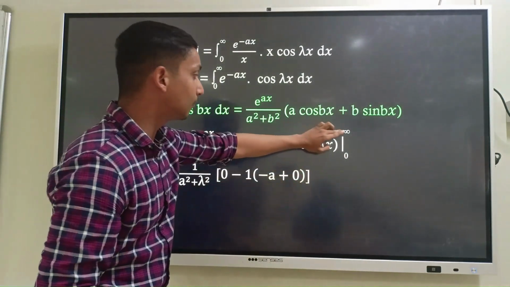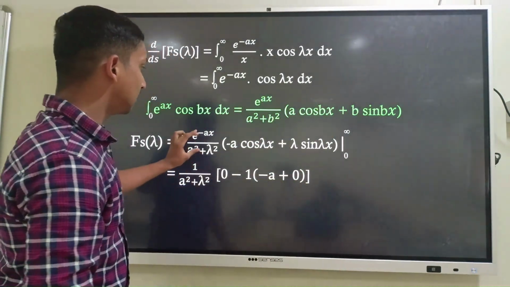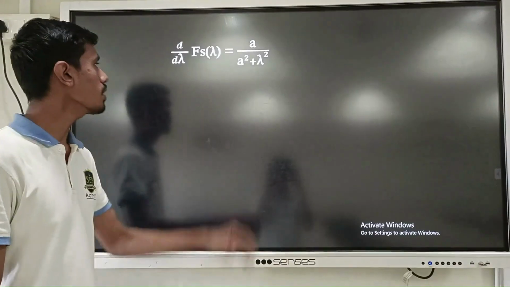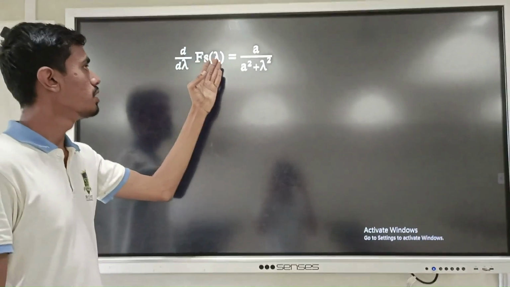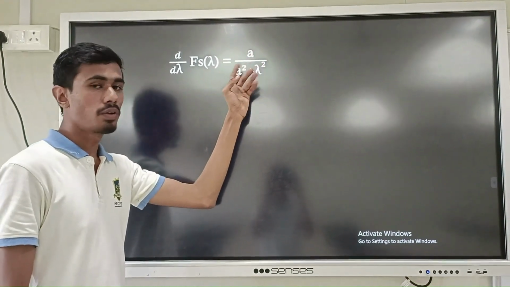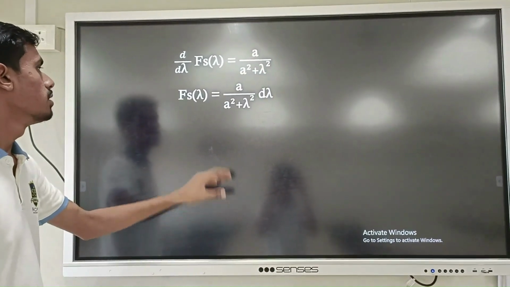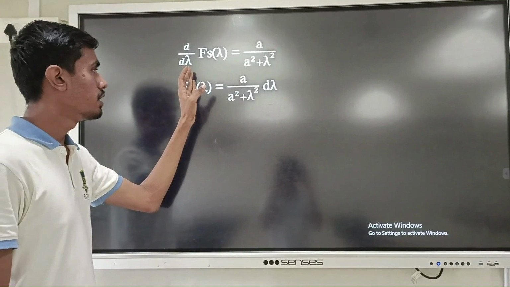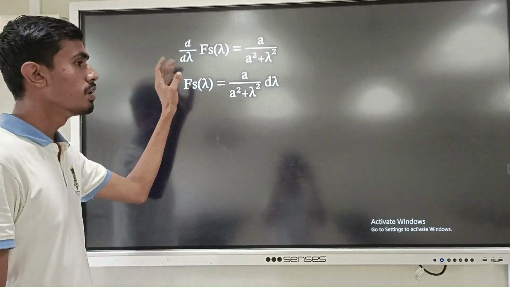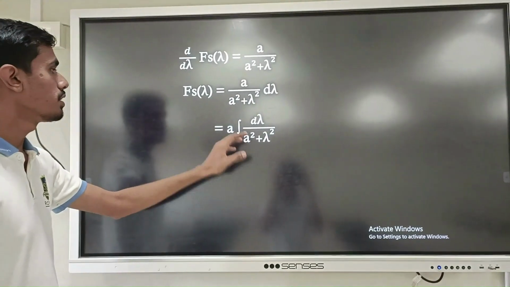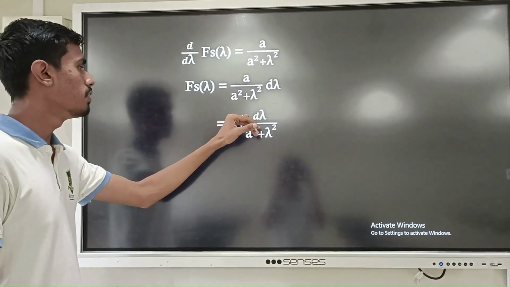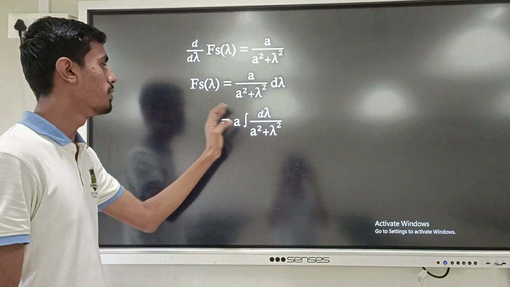Now we put infinity into the function. Therefore, we get the derivative d upon d lambda of F s of lambda is equal to a upon a square plus lambda square. Taking the derivative from the left-hand side to the right-hand side, we take the integration and take the term a common.